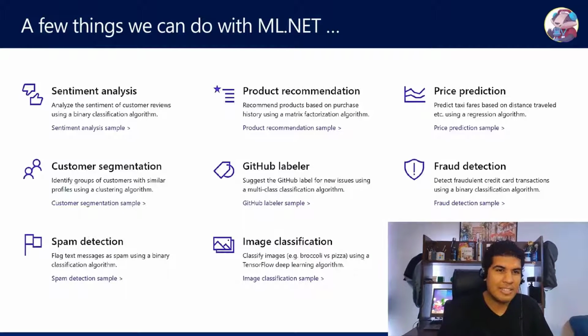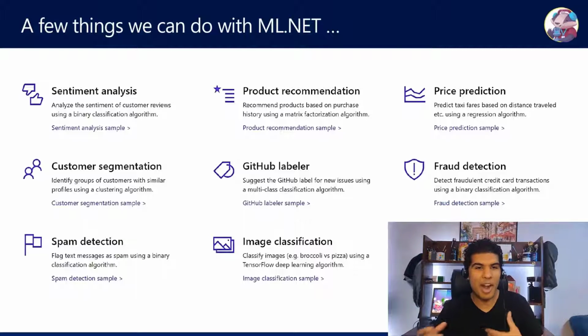We can find multiple scenarios to apply ML.NET solutions. For example, if we consider some topics or areas, for classification solutions, we can do sentiment analysis, categorizing emails as spam or not spam, and classify documents. On the other hand, we can find the regression field, for example, price prediction, to predict sales of a product based on advertising budget.